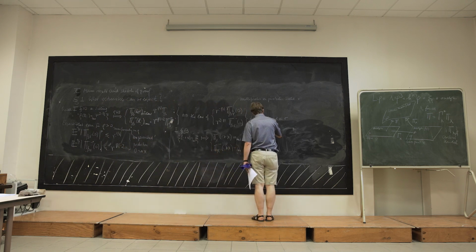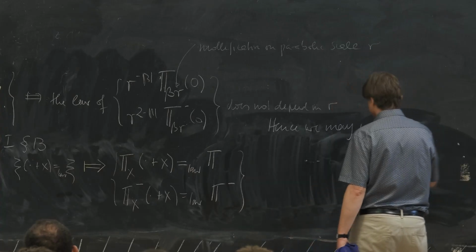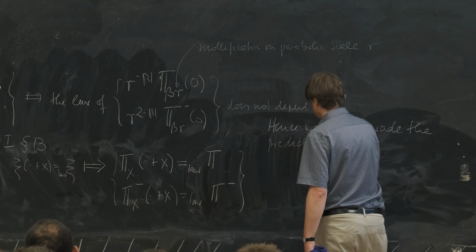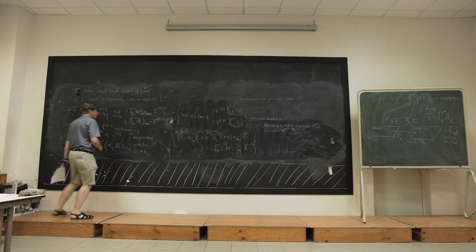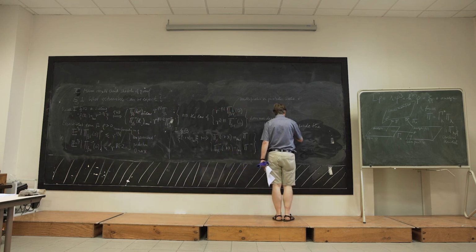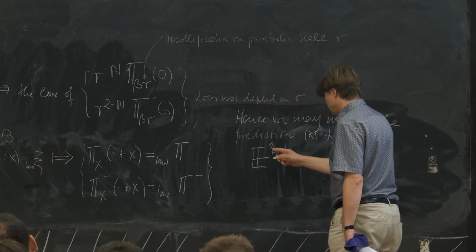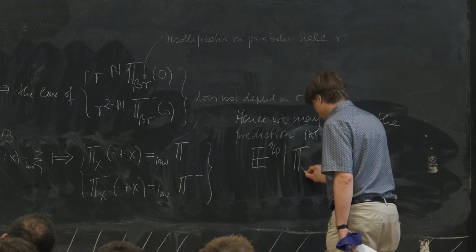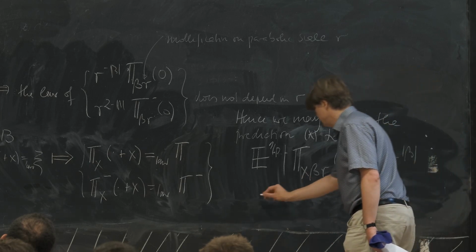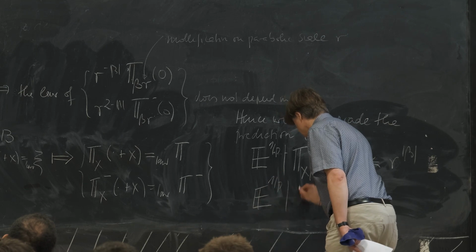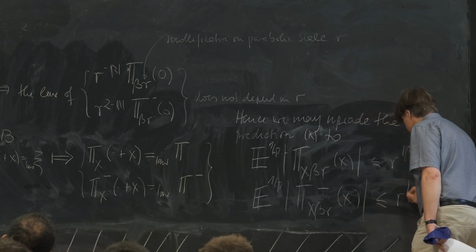Hence, we may upgrade the prediction star to the following: the expectation, the stochastic LP norm of pi x beta r at x is controlled by r to the beta, and the analogous condition for the pi minus.